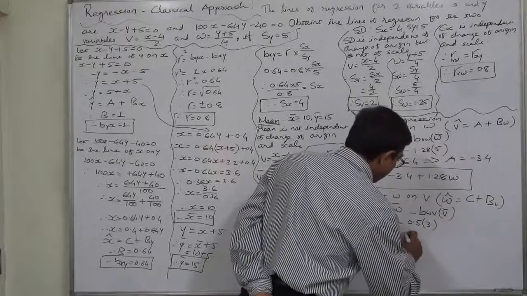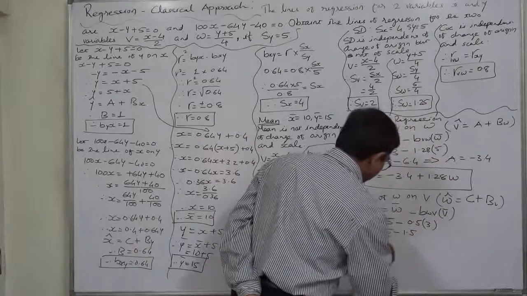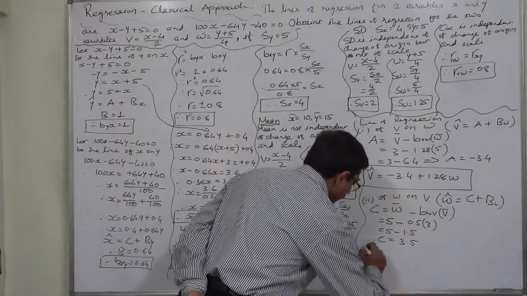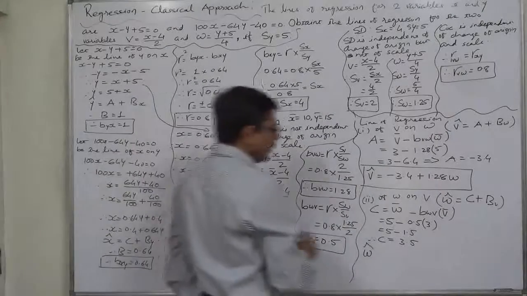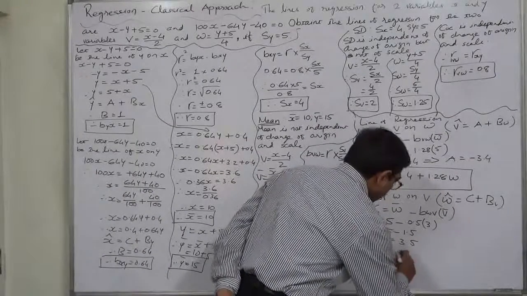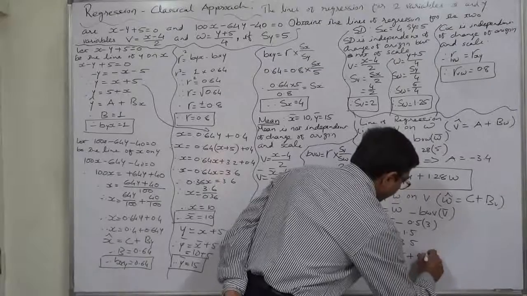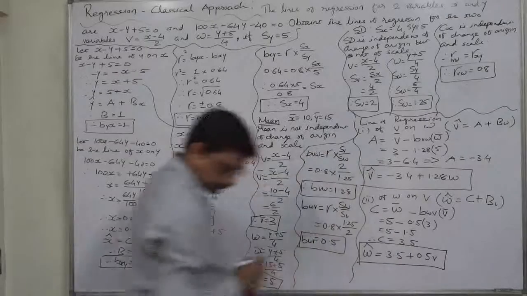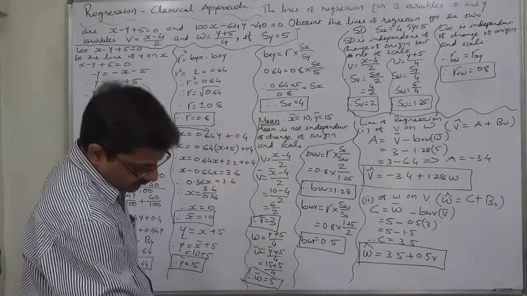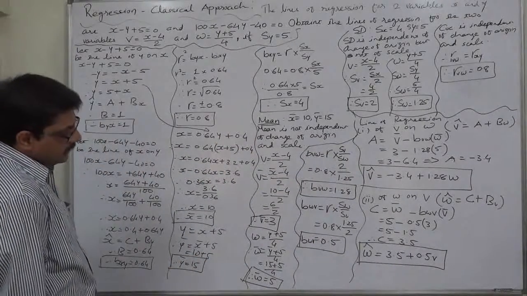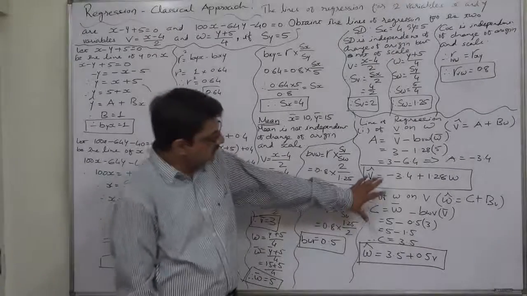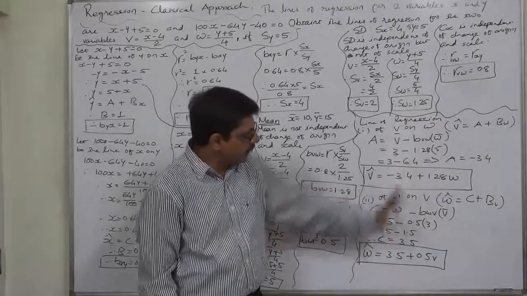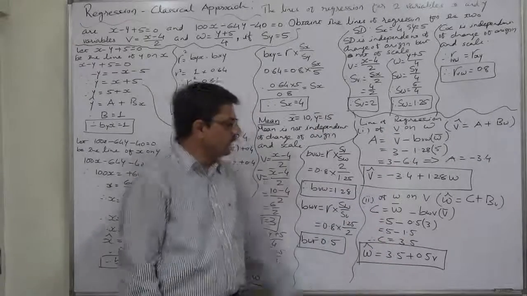So 5 minus 1.5, so C comes to 3.5. Hence the equation of the line of regression of W comes to W cap equals 3.5 plus 0.5 V. So ultimately these are the final lines of regression of V on W and of W on V.